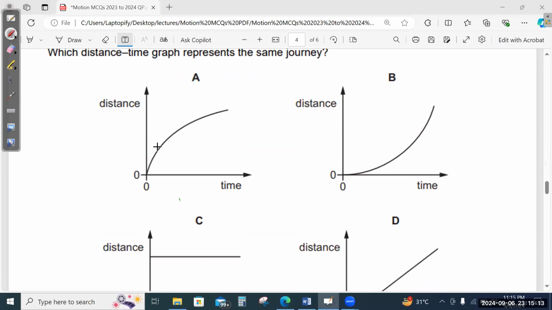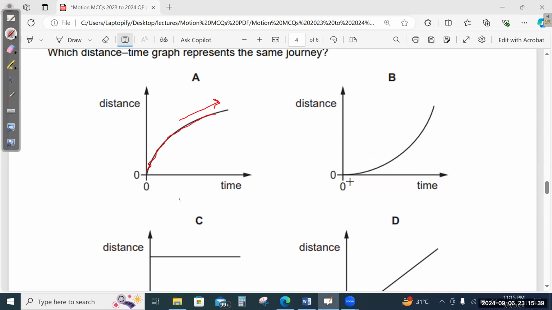If you look at the first option, at the start of the journey the speed of the object is increasing, then it starts bending, and the bend shows that the speed is decreasing.